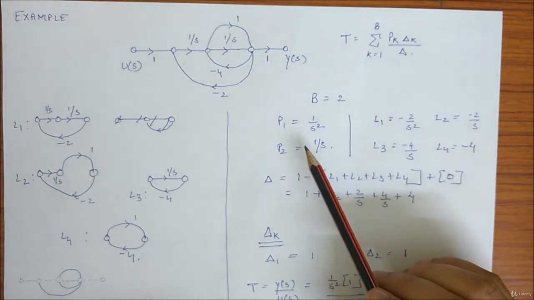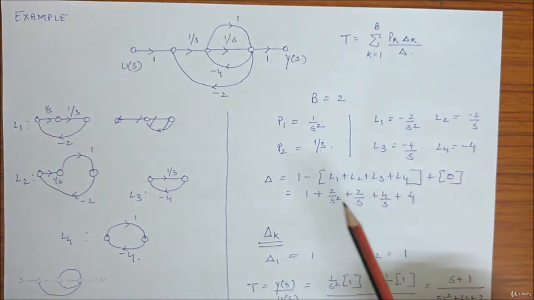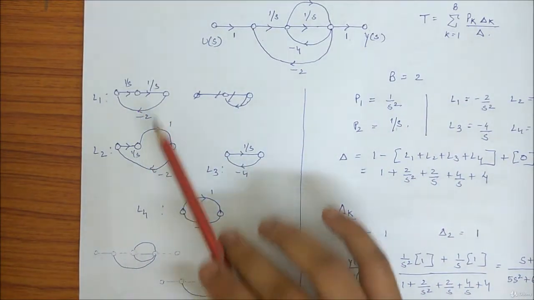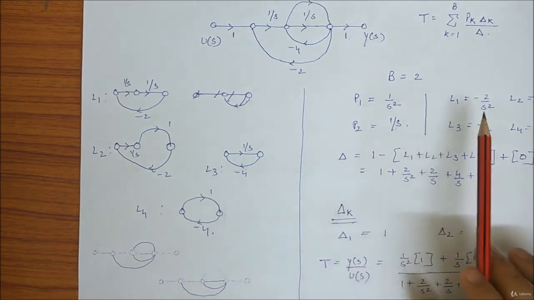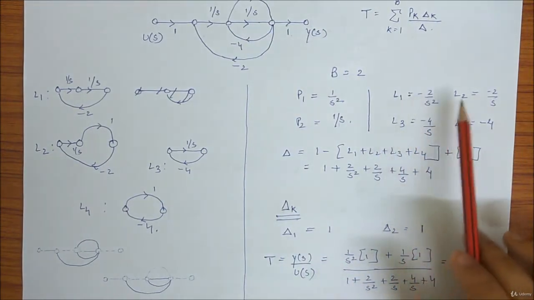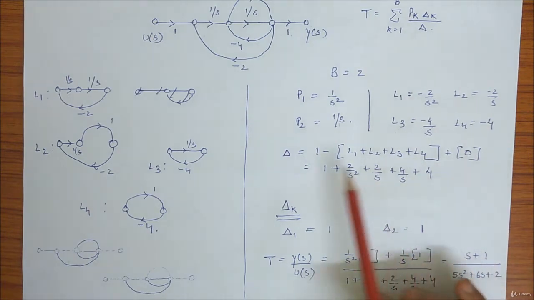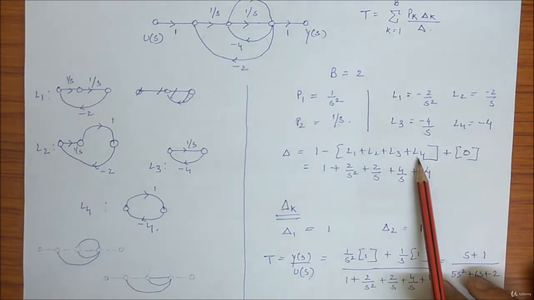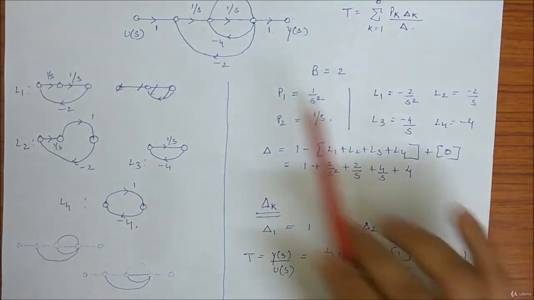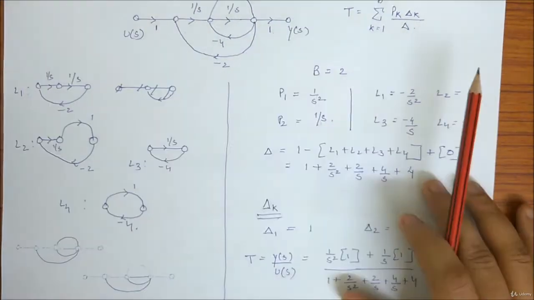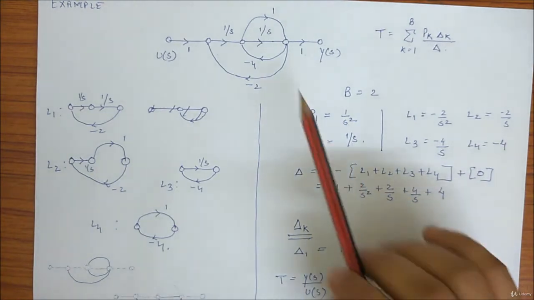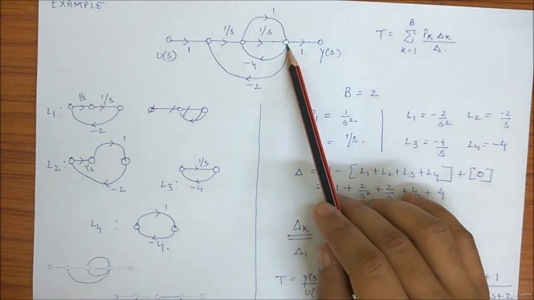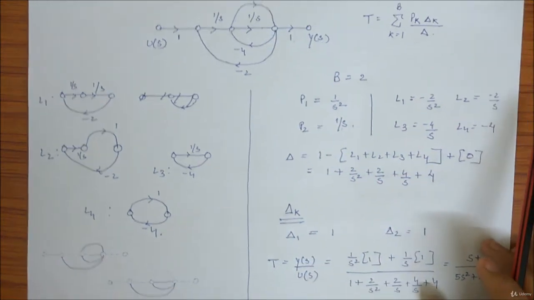Paths I wrote separately, path gains. For delta I just drew the loops separately, but you can directly write 1 minus the sum of the individual loop gains plus 0, because there are no non-touching loops. Here, this node is common to all of the loops, that is why all are touching.